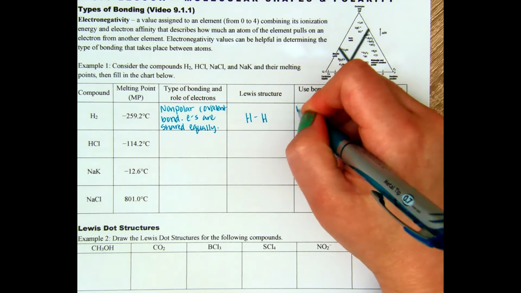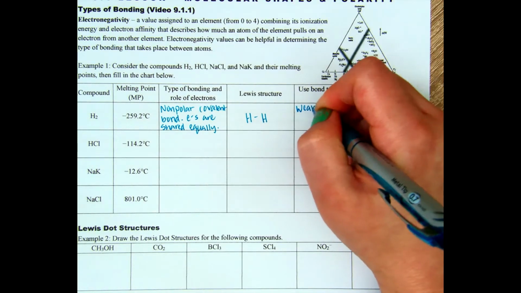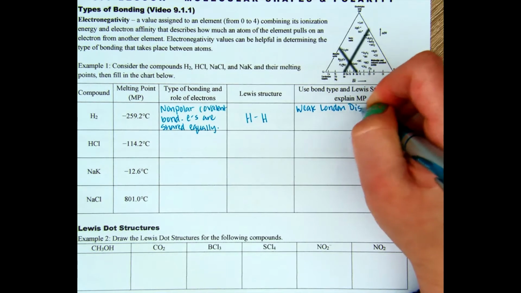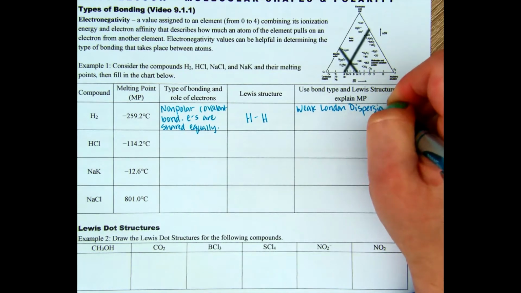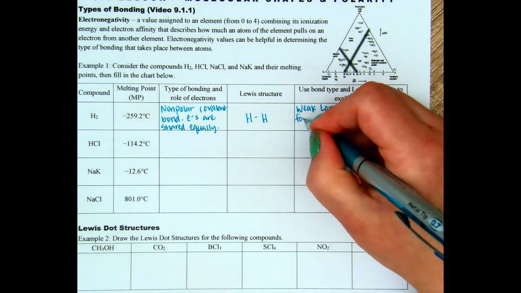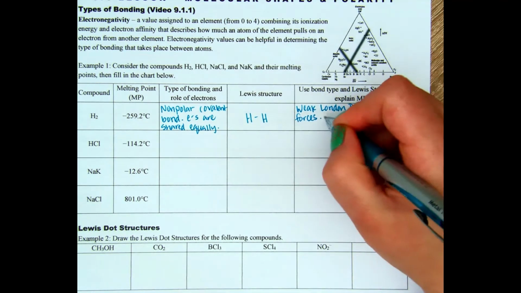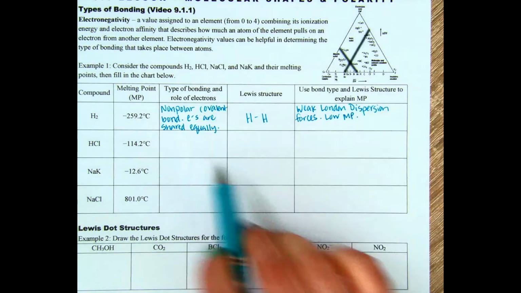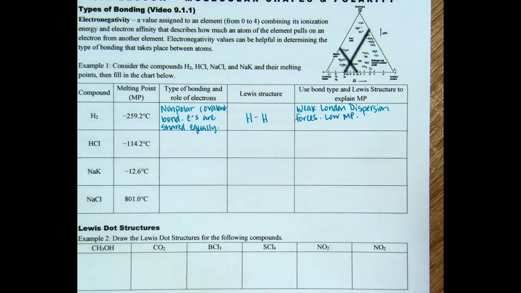So weak London dispersion forces. That means we're going to have a really low melting point. And these molecules are just governed by their intermolecular forces.